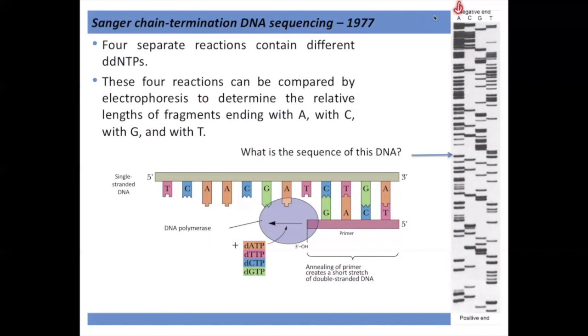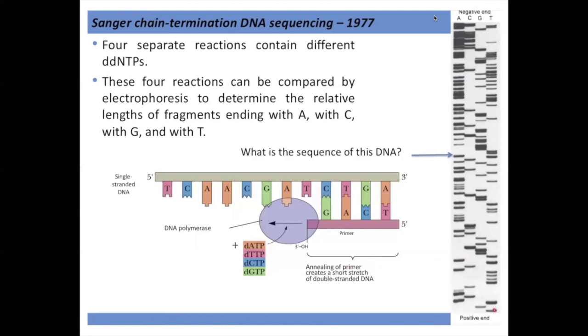And so what you see is different lengths along here. And this corresponds to when the chain stopped growing. So this is different than a restriction digest. What you did is you synthesized the DNA and it stopped growing at certain lengths. And you do that for all the nucleotides, and you can actually start to sequence it.